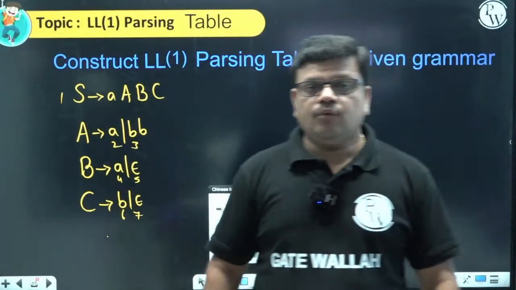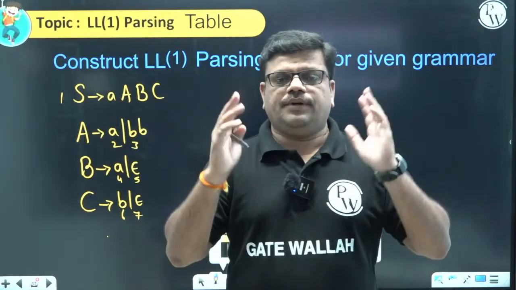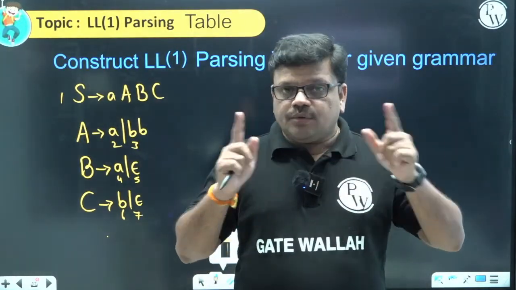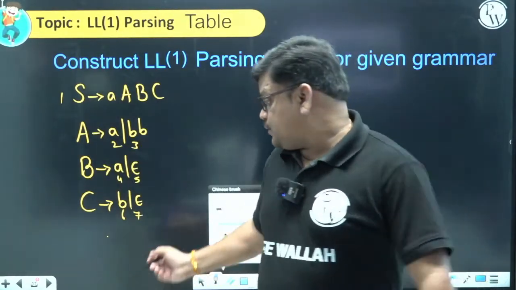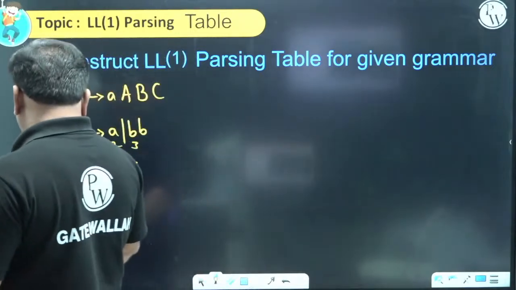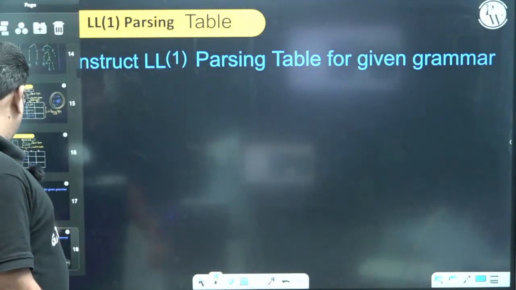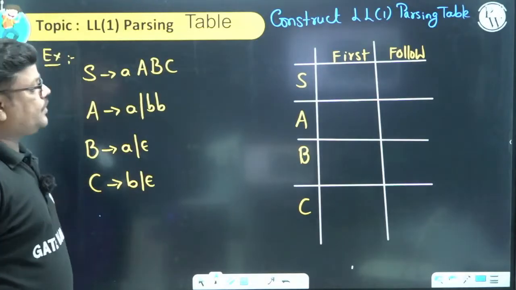Now we have to construct the parsing table, because to perform LL1 parsing, the first and foremost thing required is to construct the table structure. To construct the parsing table, what we need to do is calculate the first set and follow set.